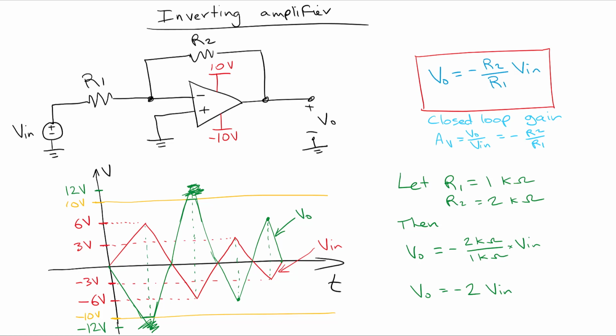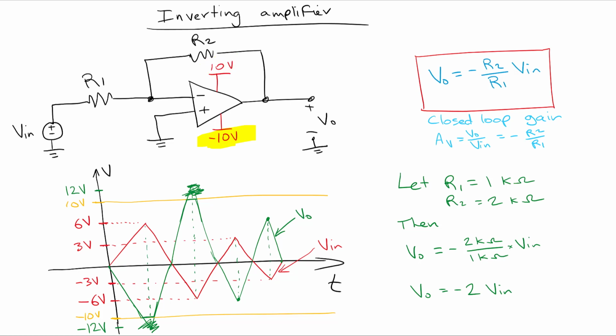The other parts of the waveform are not affected by the supply voltages because the outputs are within the range of the supply voltages. And there's nothing magical about the values being symmetrical, like 10 volts and minus 10 volts.